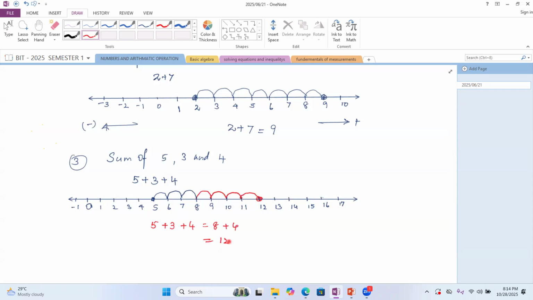Right. How can we find the result when we subtract positive numbers?